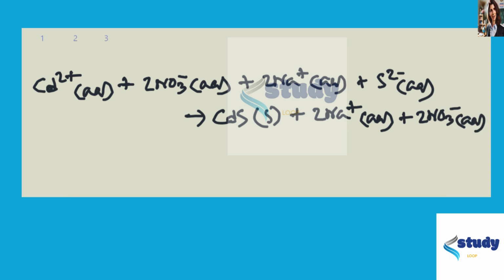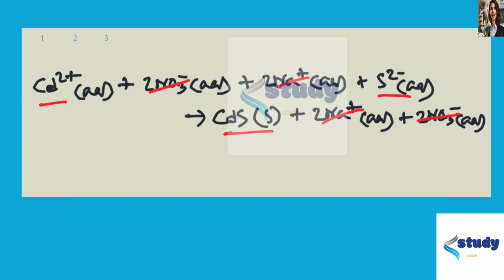So from here we can see that cadmium is reacting with sulfide to form solid cadmium sulfide, and on both sides of this equation we have two common or spectator ions, which are nitrate and sodium ion, which are present on both sides.